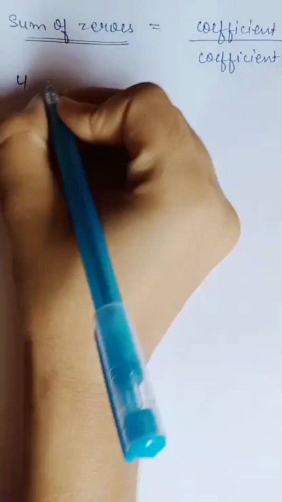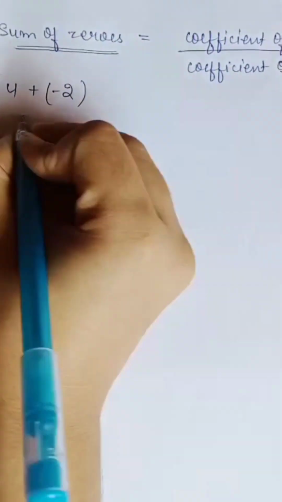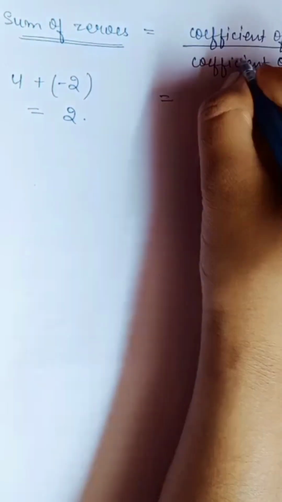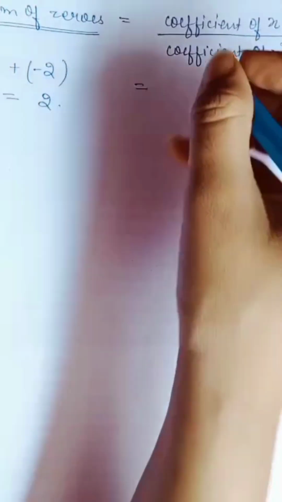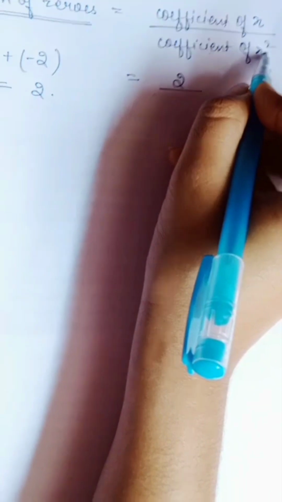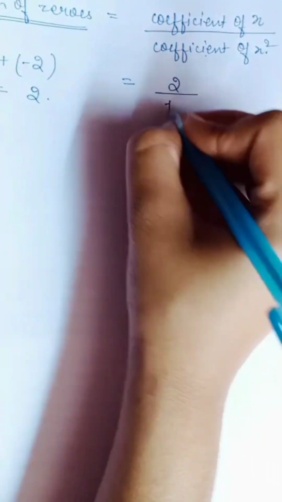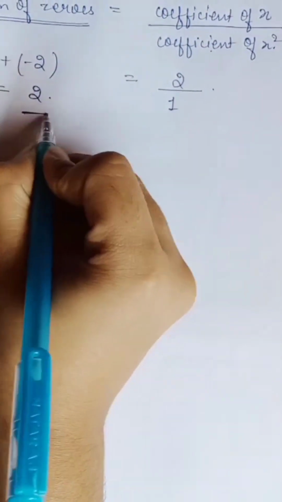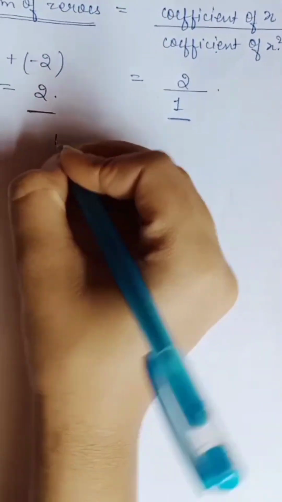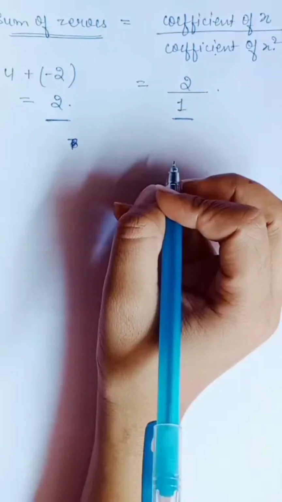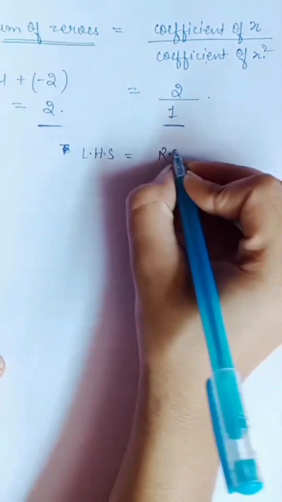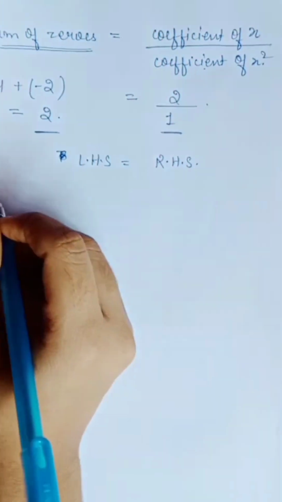So 4 plus minus 2, what will we get? 2. Now here, coefficient of x. What was the coefficient of x? Minus 2, upon coefficient of x square. What was the coefficient of x square? 1. So here the sum of zeros is equal to this one. So we can write that left hand side is equal to right hand side.